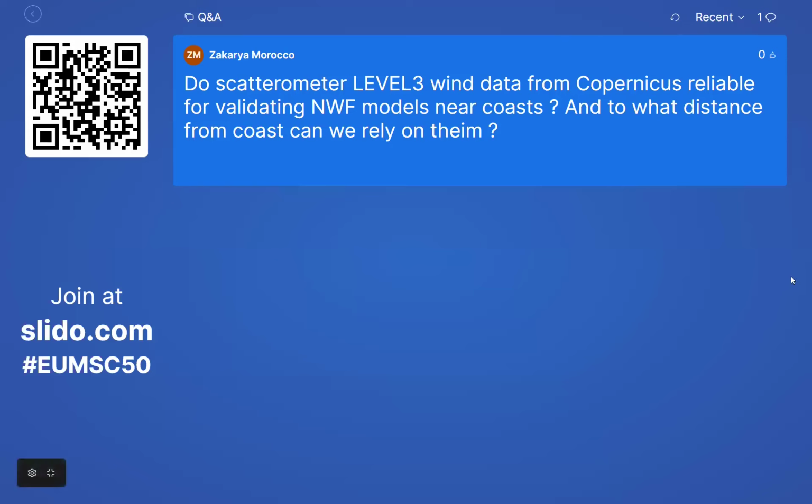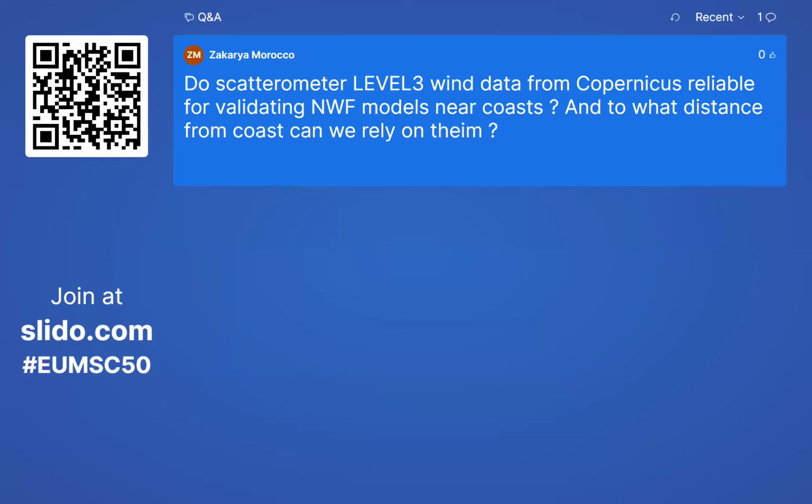Yeah, so I can add to that maybe. Specifically for the ASCAT instrument, we have made some progress in the past years to get winds closer to the coast. We used to have winds until around 20 kilometers from the coast, but due to some changes in the level 1 process, we are now able to retrieve winds up to around 10 to 15 kilometers from the coast.